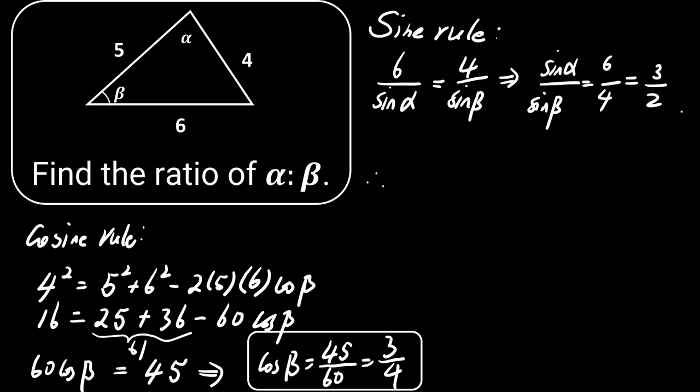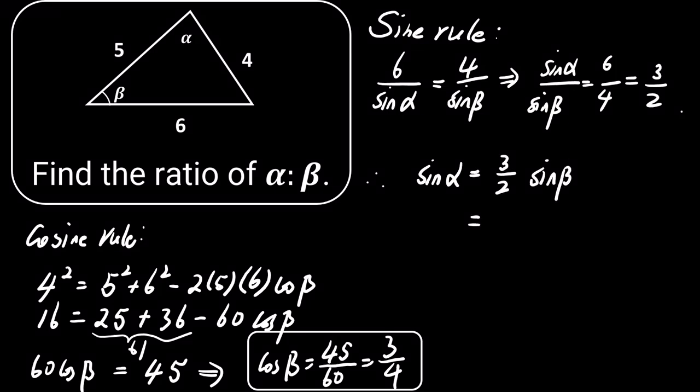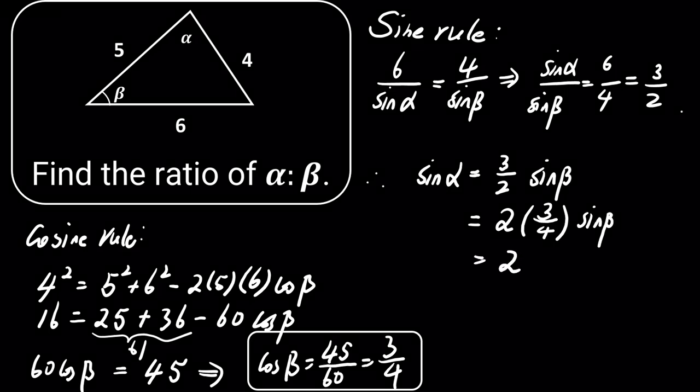So this means that sine alpha equals 3 over 2 sine beta. 3 over 2 is 2 times 3 over 4, times sine beta. And 3 over 4 is cosine beta.